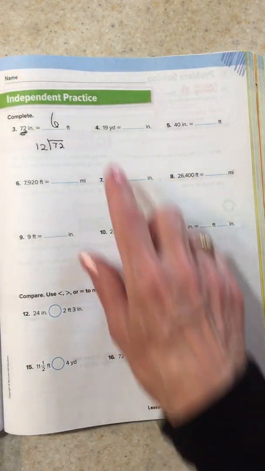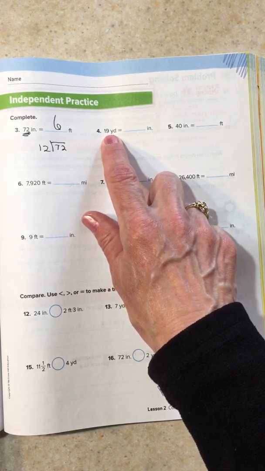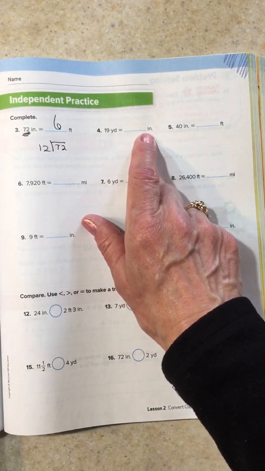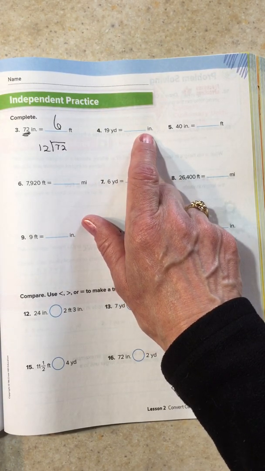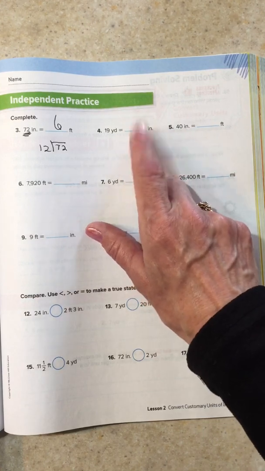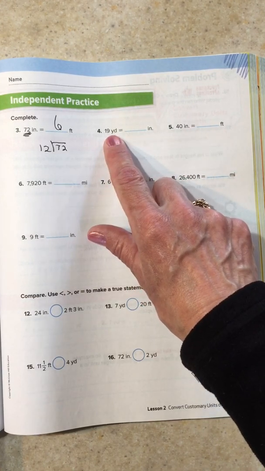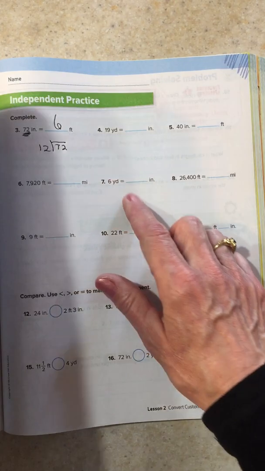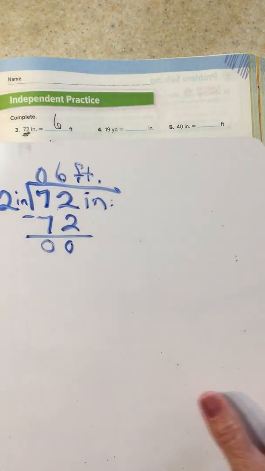So if you had 19 yards, what are you going to do to figure out how many inches that is? Is your number going to be getting bigger, or is your number going to be getting smaller? Your number is going to be getting bigger because it takes a lot of inches to make a yard. So let's multiply to get a bigger number.